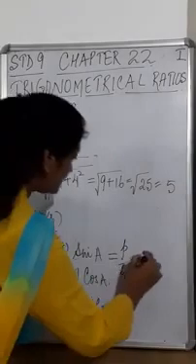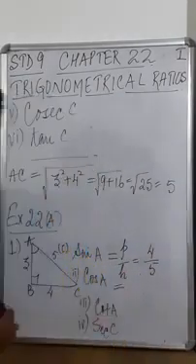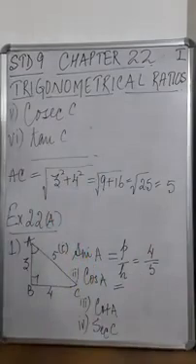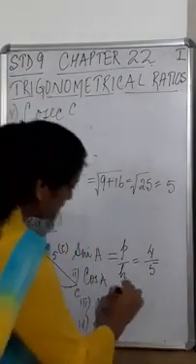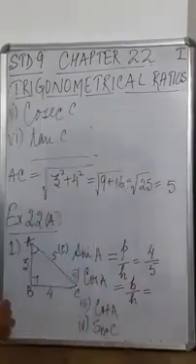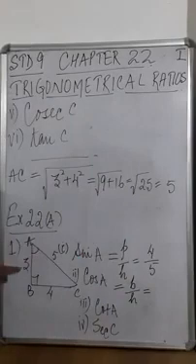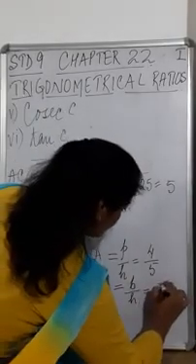So sin A is equal to 4 by 5. Similarly, cos A: the formula is base by hypotenuse, and this will be equal to 3 by 5.